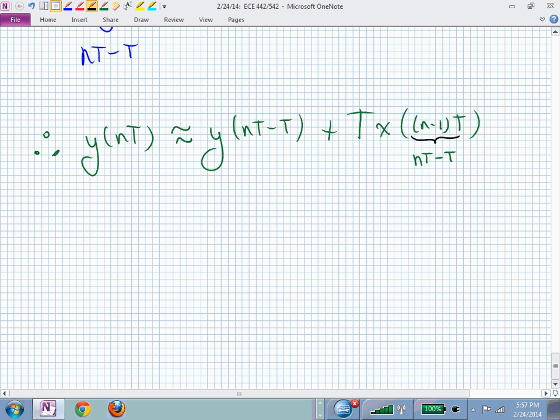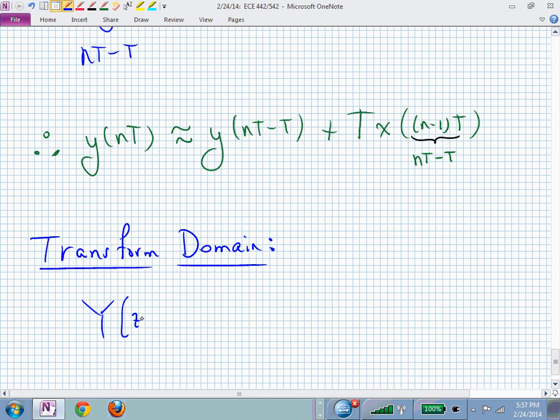So now, let's look at the transform domain. If we transform that difference equation, the z transform of little y of nT is just capital Y of z. And I'm going to get tired of doing that squiggly equality, but you know that this is really an approximation.